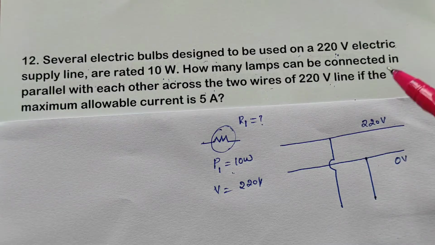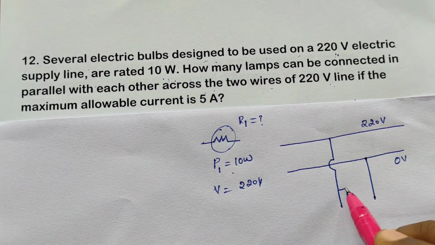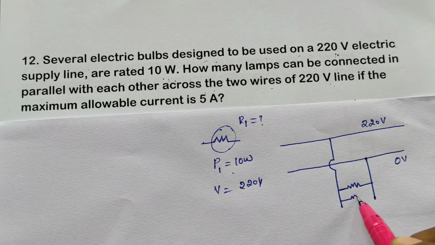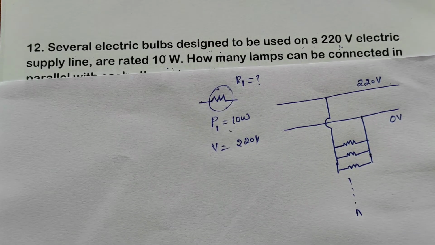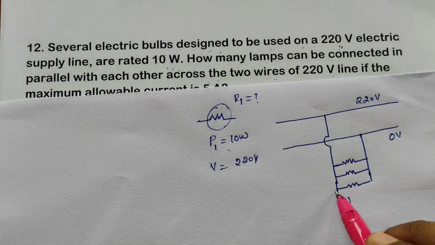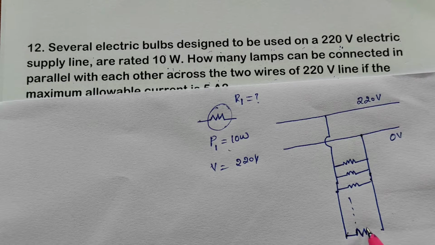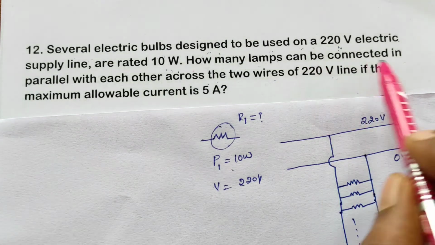Meaning how many lamps we can connect across this 220 volts line? 1, 2, 3 and so on to n. This is the nth one. How many can you connect like this? That is the question they are asking.